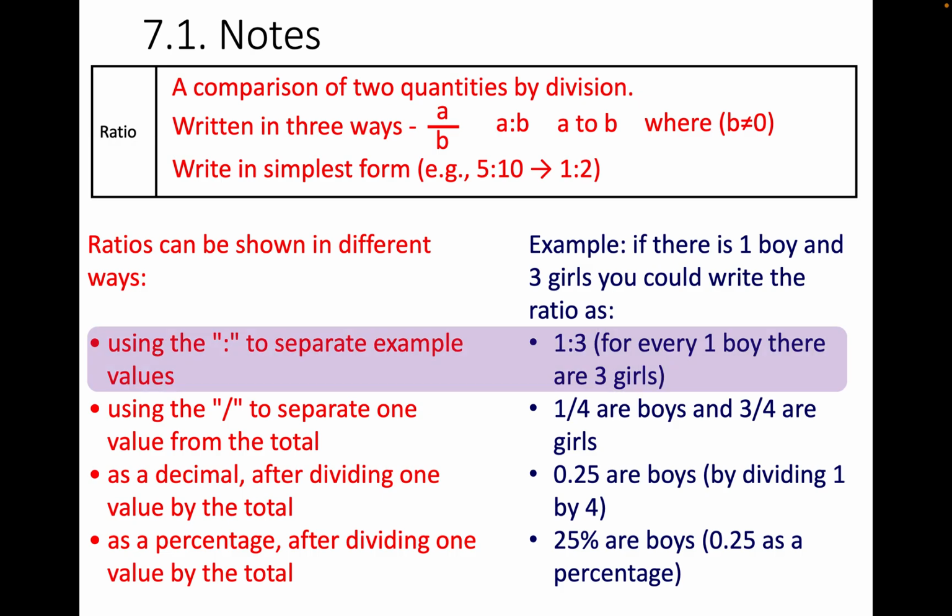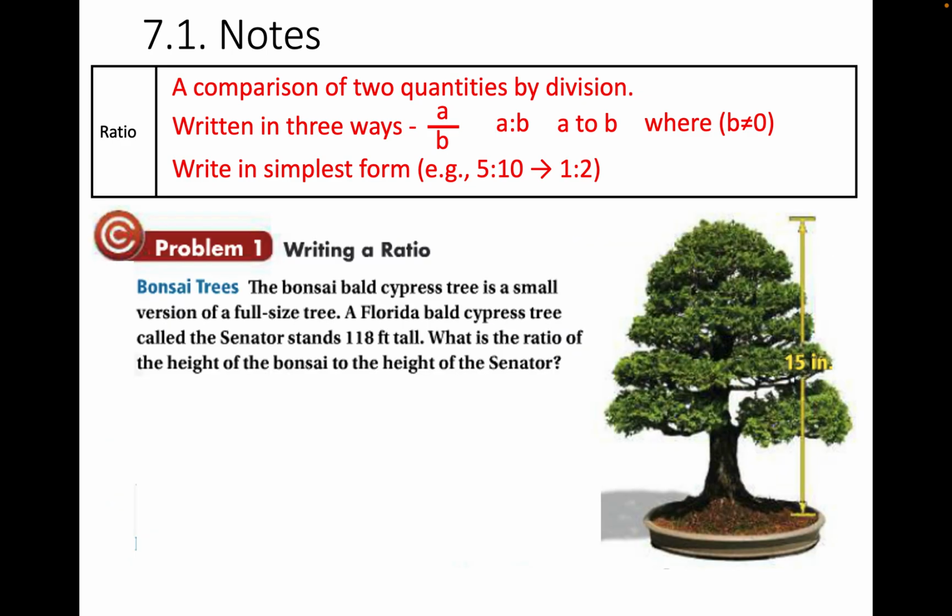All right, let's do an example problem using a colon as a way to show a ratio. We can use example problem number 1 here. This is telling us that a bonsai bald cypress tree is a small version of a full-size tree, and I have a picture over there. It's 15 inches tall, I can see from my diagram.